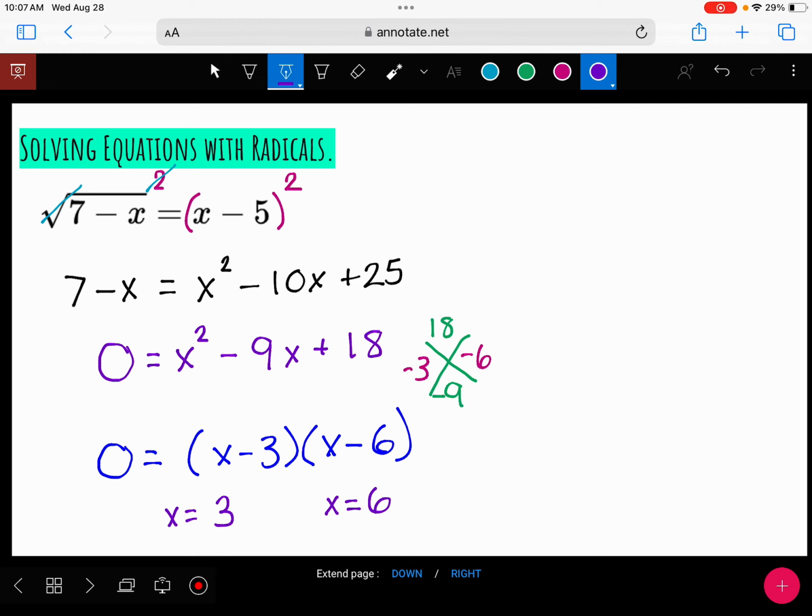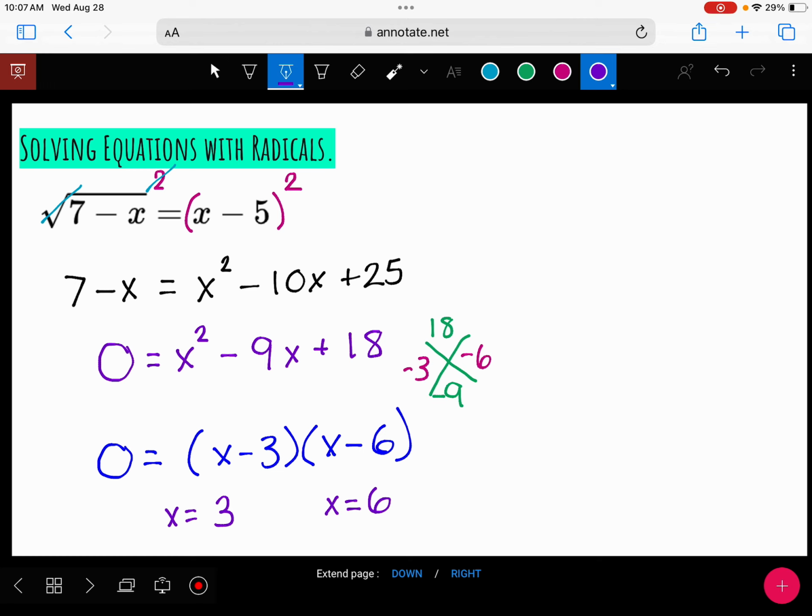Wait, so if it equals the same thing on the east side, then it's good, and if it doesn't, it's bad. Really what we care about is, are we getting negatives in places we shouldn't? That's what we're checking for. We don't need to fully plug in. If you want to fully substitute in, totally fine.